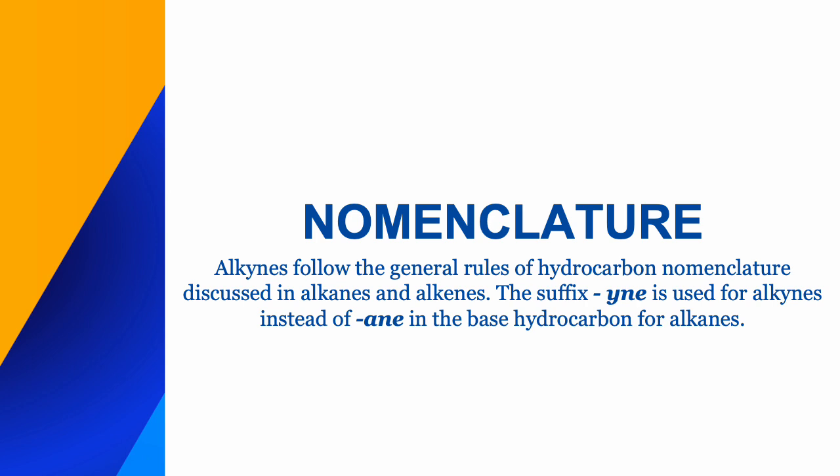So in terms of nomenclature, the alkynes follow the general rule of hydrocarbon nomenclature discussed in the alkanes and alkenes, and the difference is that instead of using the ANE and the ENE suffix, we will be using YNE as the suffix for alkynes.